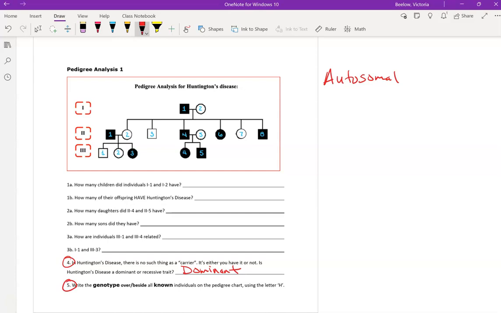So for question number 5, the only way to not have this disease would be recessive. So anyone that is unshaded would be recessive because they don't have the disease. But everyone that's shaded would have at least one capital letter. And you can find out what the other letter is based on the pattern of inheritance in this family.